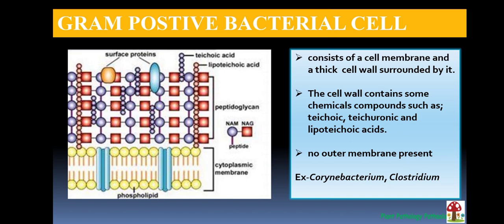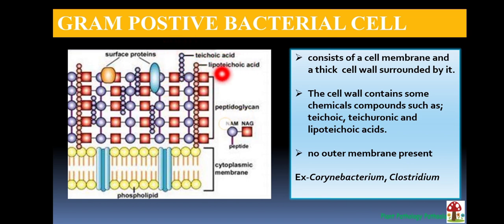These are very special molecules that are only present in the cell wall of gram positive bacteria. In other types of bacteria, these chemical compounds are not present. Only in gram-positive bacteria they are present.